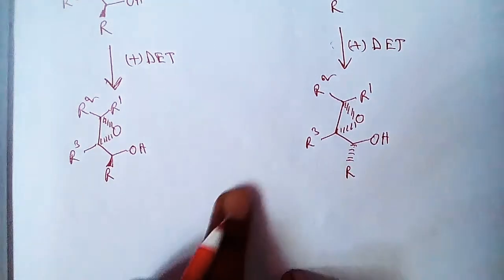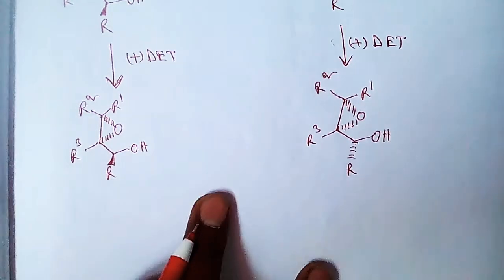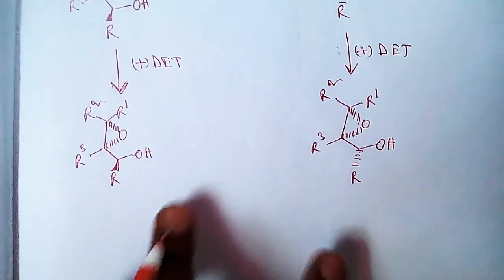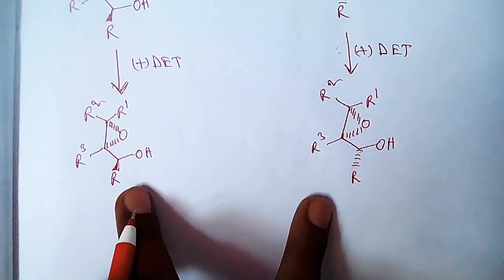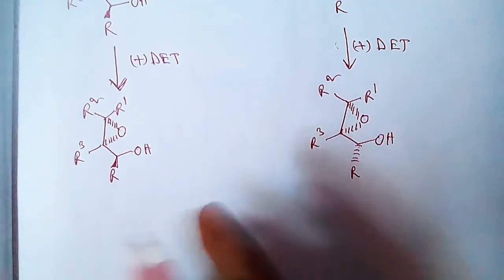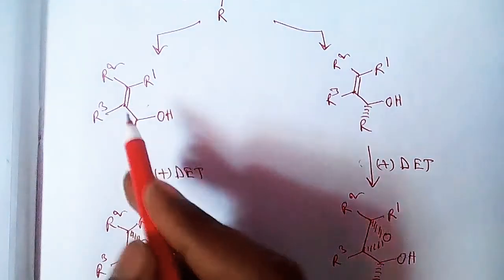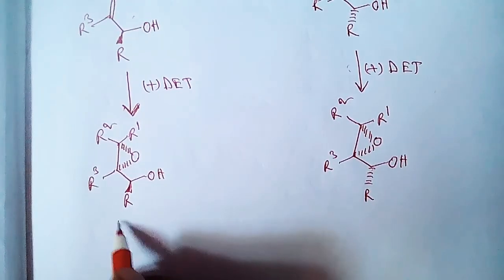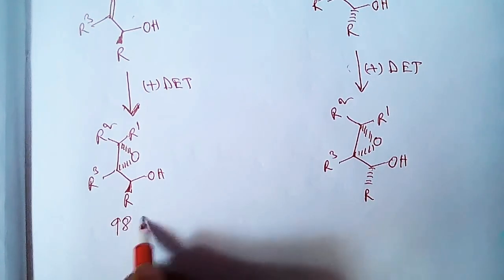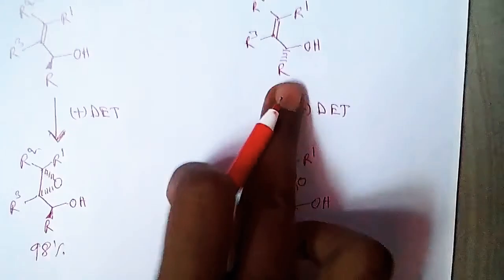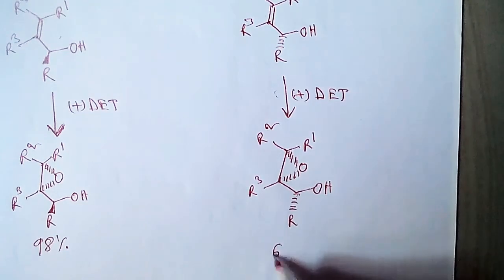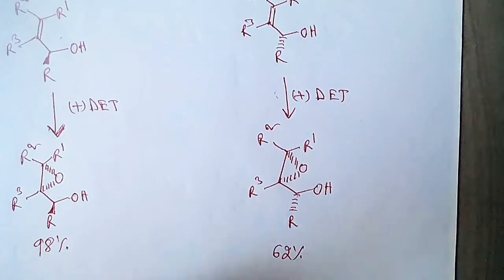Now you can easily predict the difference in the ratio of the products. If from this conformation the product ratio is, say, 98%, then from this conformation the product will be nearly 62%.